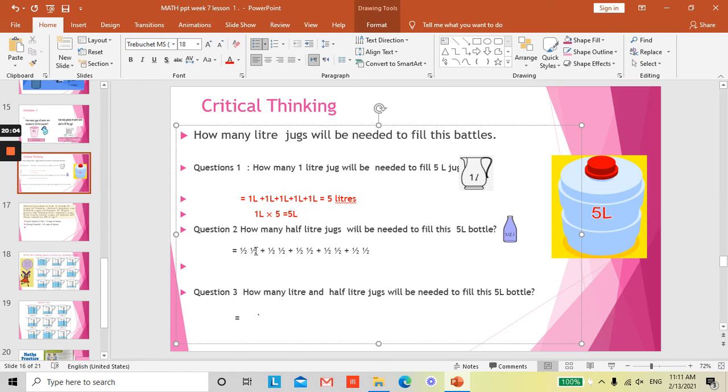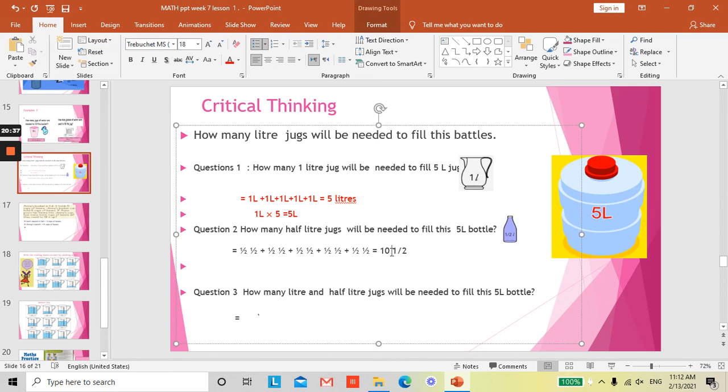So we have 1 liter, 2 liters, 3 liters, 4 liters, 5 liters. Now we have 5 liters. So our question is, how many half-liter jugs will be needed to fill this 5-liter bottle? We need to count our half liters: 1, 2, 3, 4, 5, 6, 7, 8, 9, 10. It's 10 half liters.